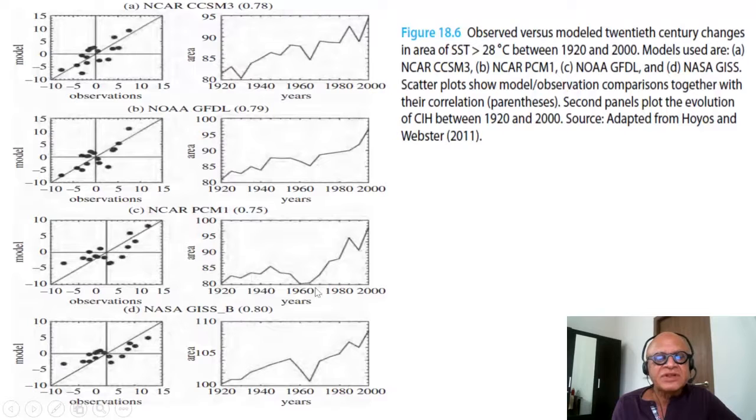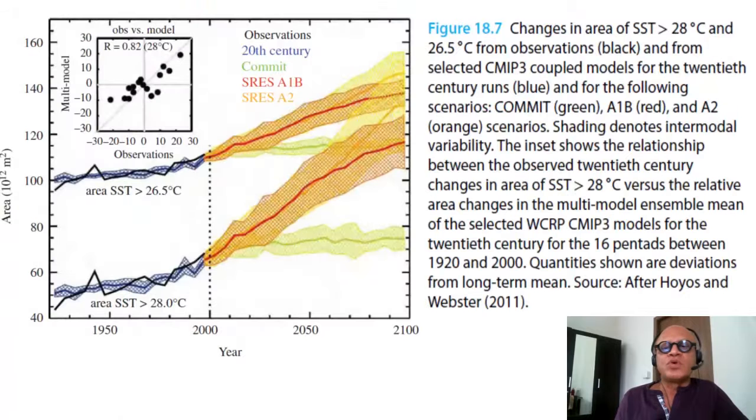There is some decadal kind of variability in NCAR PCM1, which is a low resolution model which is often used for very long simulations, and both are at NCAR, but this one is maintained separately as a coarse resolution model for long runs. Also does a lot of the IPCC assessment reports and so on, I think. Okay, so nonetheless you can see a systematic increase in the area of the oceanic warm pool.